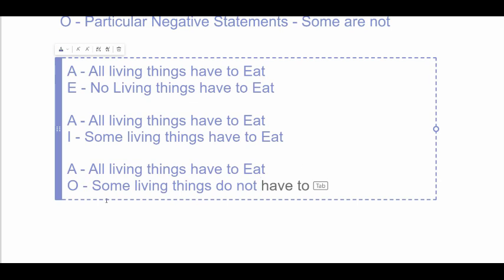And in the I proposition we said some living things have to eat, some living things do not have to eat. I'll make it more simple going forward. Okay, so this is a very simple conversion.